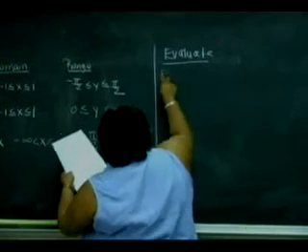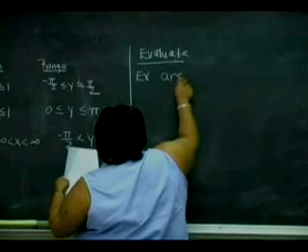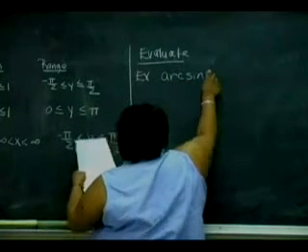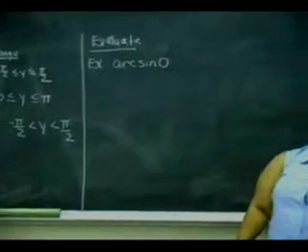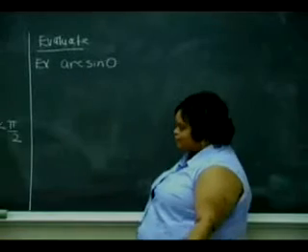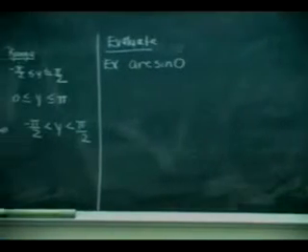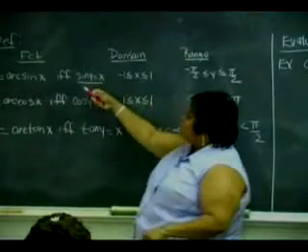The first one, suppose we want to evaluate arc sine of 0. Let's talk about how I think about how to do this problem, arc sine 0. If I get it in this form, y equals arc sine x, then I can translate it to that form.